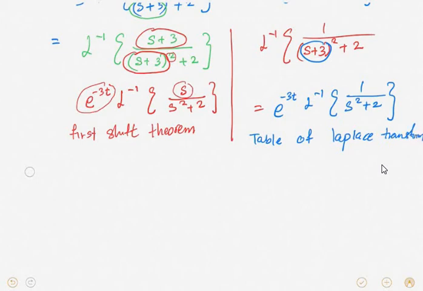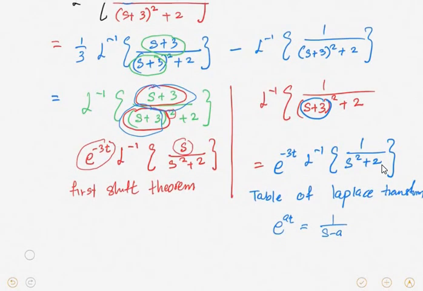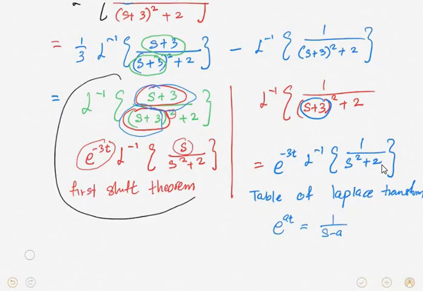So I hope you can differentiate, but both you will get the same answer. If you use the first shift, the numerator and denominator must be the same. If you use the table of Laplace transform, only 1 over s plus 3. If you still remember from the table of Laplace transform, exponent at equal to 1 over s minus a. I hope this explanation can clear your doubt. This part and this part.